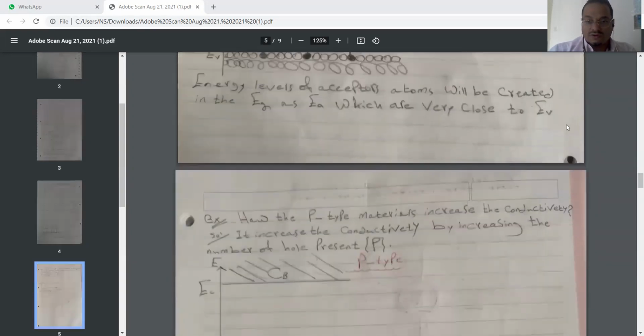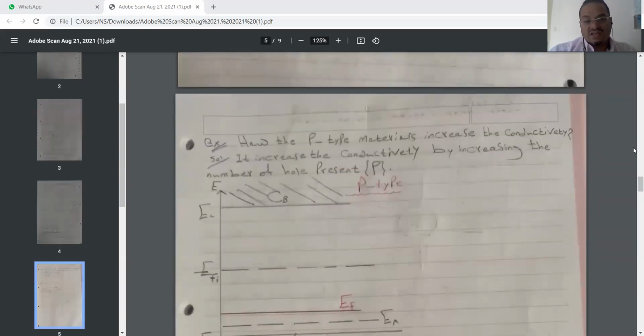Okay, let's go to another slide. Here, let's take this example, this question: how do p-type materials increase the conductivity? How do p-type materials increase the conductivity? It increases the conductivity by what?